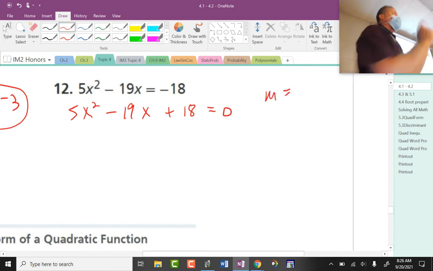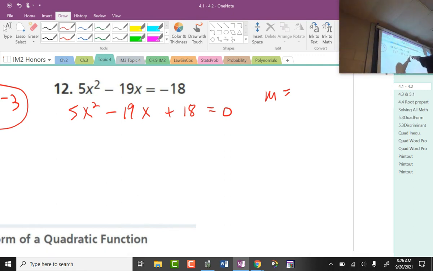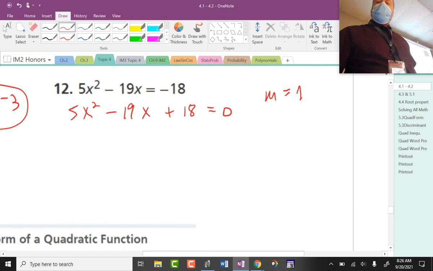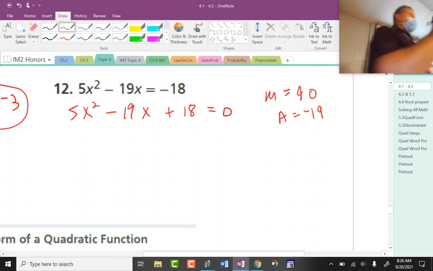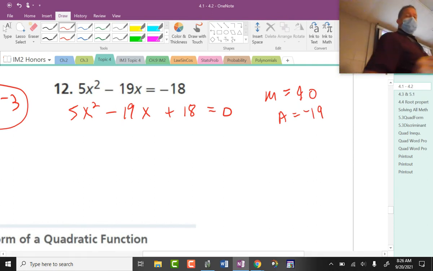MA always works as long as you get the right numbers that match. You do need some calculations, you know, here 5 times 8 is 40. So that's 90. What multiplies to 90 and adds to be negative 19? 3, 2, 1, go. Negative 10 and negative 9.